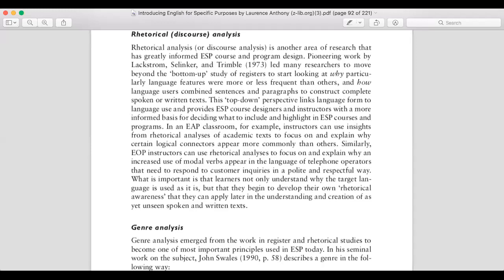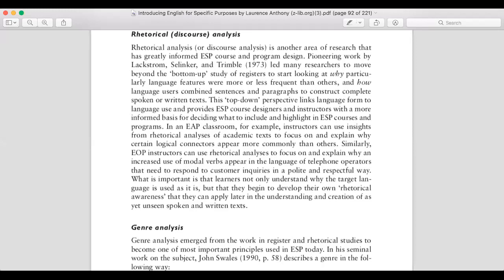Here, we do not work with the forms, okay? We start with the wider or the broader question: why were particular language features more frequent, okay? In register analysis, we actually started with the grammatical elements, or the frequently occurring characteristic elements of language, right? Now here, we broadly answer some of the questions in discourse analysis. Why were particular language features more frequent?